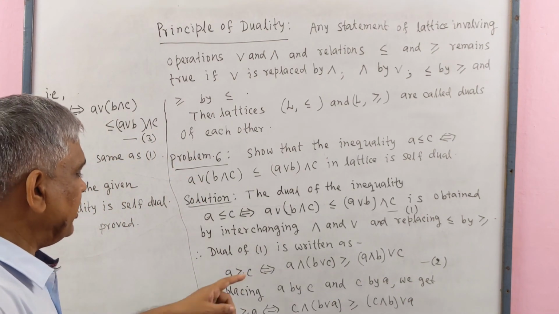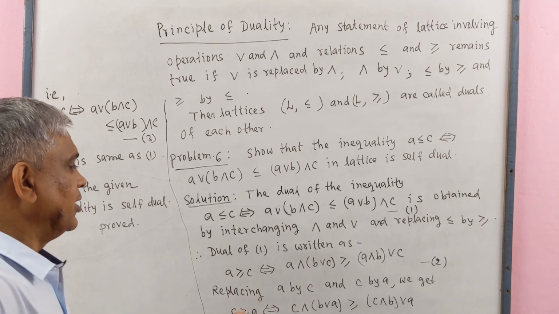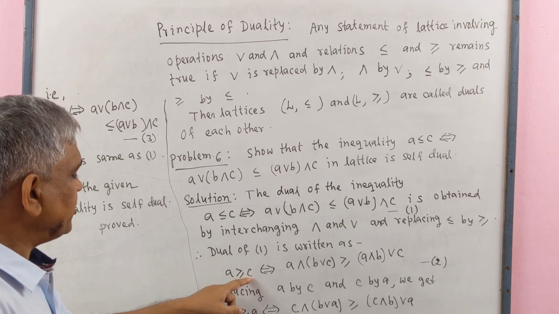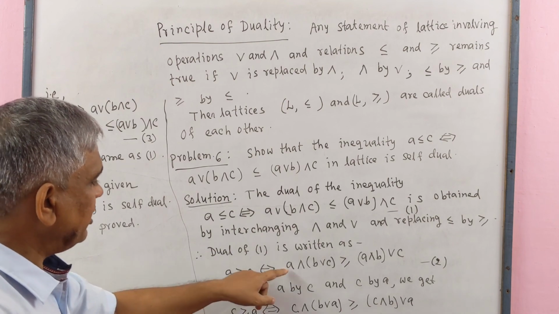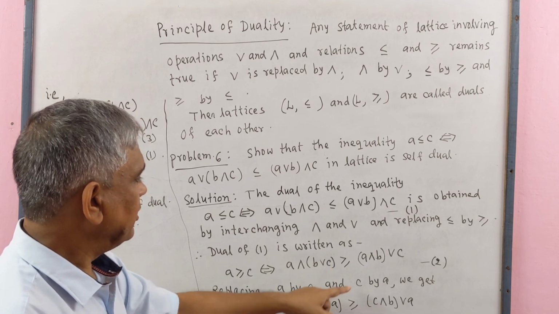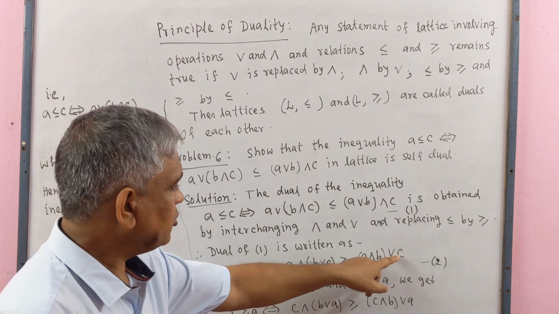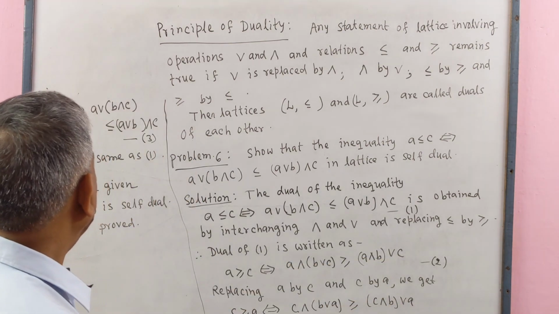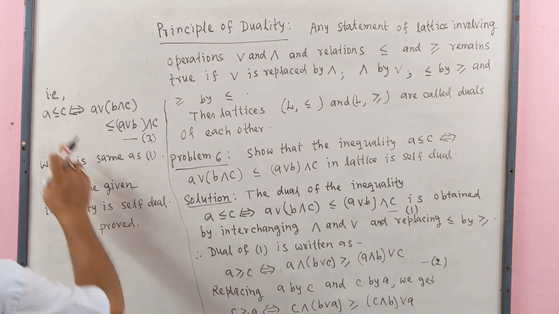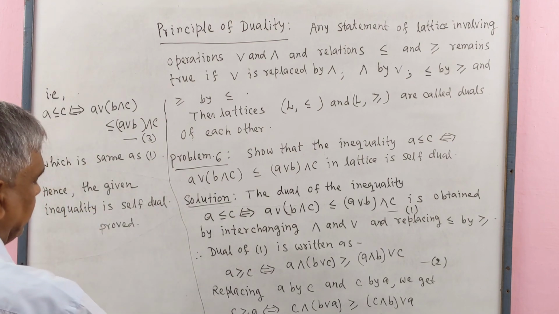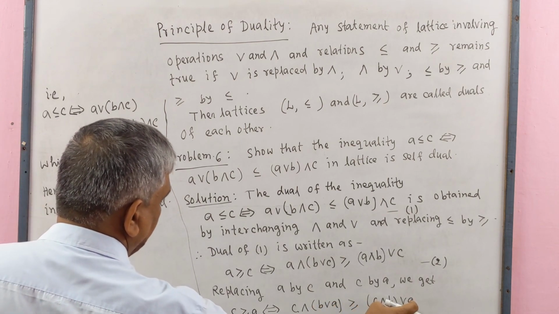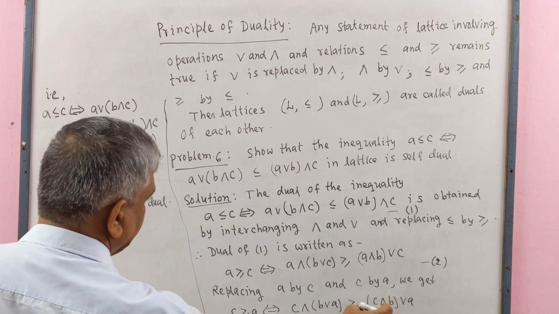Now replacing A by C and C by A in 2. In place of A we write C, in place of C we write A. Rearranging, we get A is less than or equal to C if and only if, on the left side, A join (B meet C).